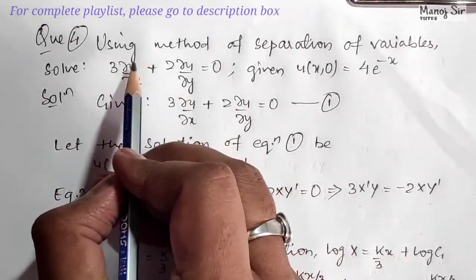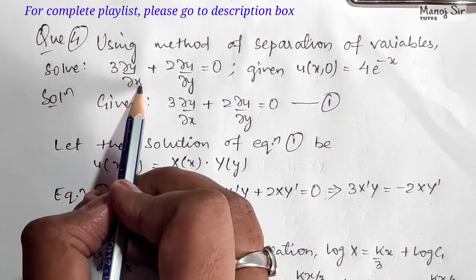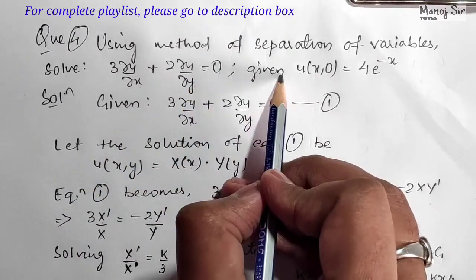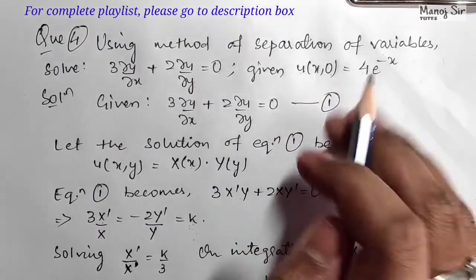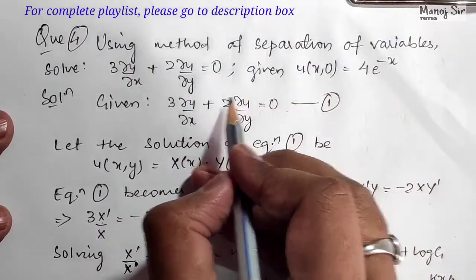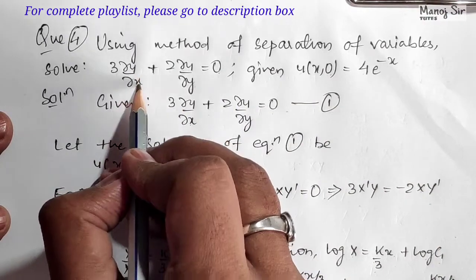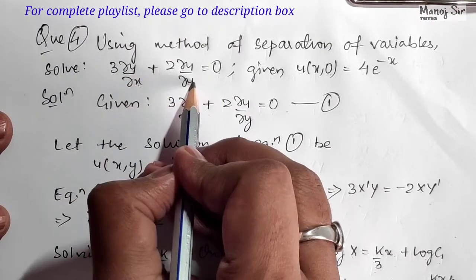The question says, using method of separation of variables, solve 3 del u upon del x plus 2 del u upon del y equals to 0, given that u(x, 0) equals to 4 into e to the power minus x. Here u is the dependent variable and x and y both are independent variables, so we can say u is a function of x and y.